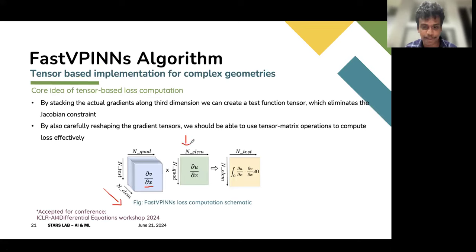This is tensor matrix multiplication, which is similar to a matrix vector multiplication in a higher dimension. You reduce along a particular dimension. In TensorFlow, you can just use matvec and pass in this tensor and this matrix. You will get your final residual matrix in the shape of n test by n element, since it is reduced along your n quad axis. You can also do it in einsum.